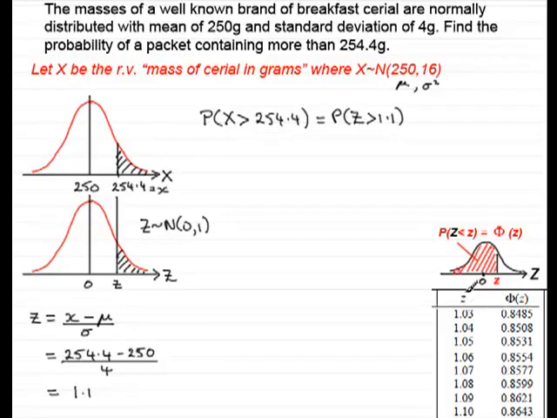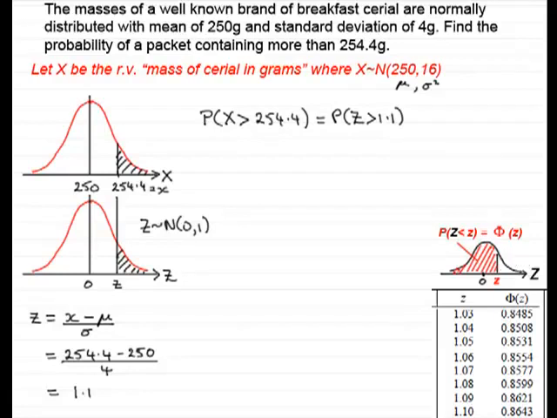We have the Z values down here, and a typical graph of the standardized normal distribution, where phi of z, which is the same as the probability of Z being less than a given value of z, is tabulated, and that's represented by this area here. The problem though is that the Z value that we have, 1.1, is to the right of 0, but we are given this area over here.